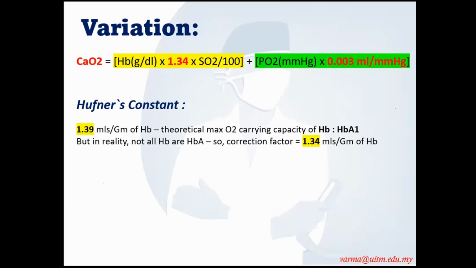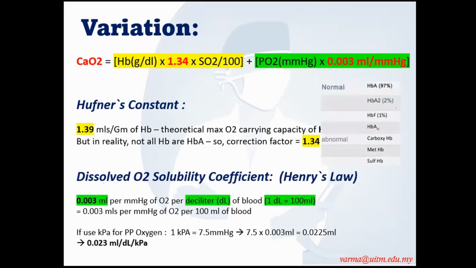Don't have to be too fussy about this. The dissolved oxygen solubility coefficient follows Henry's law. Henry's law says the higher the partial pressure of the oxygen, the more it can be dissolved in a solution. Keep it simple: when the partial pressure of a substance is high, it can dissolve more in the solution.